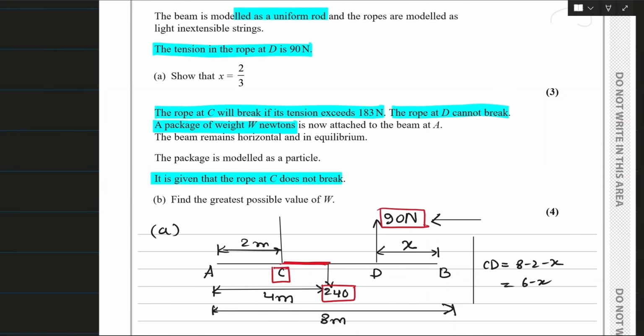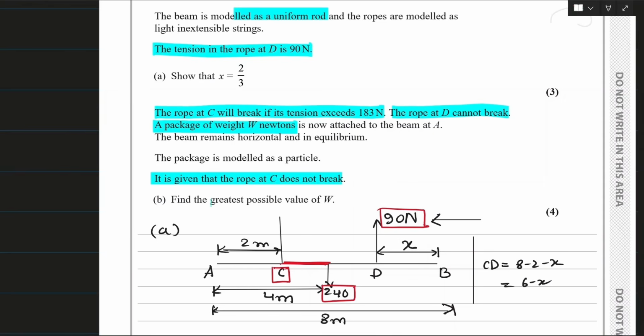So what we see from here is that when a package of W newtons is placed on our beam at point A, the rope C does not break. We know that the limit of tension in rope C is 183 newtons. So as the rope C does not break, what we understand is that when the weight is placed on our point A, the tension in the rope C is either less than 183 or equal to 183 newtons.